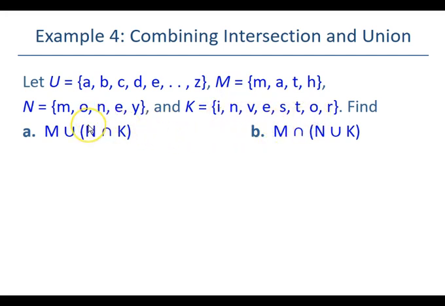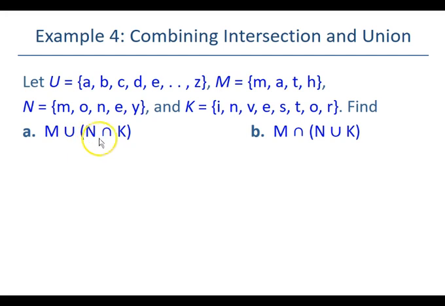So the question is, what do you do first? Well, according to the order of operations, you're going to do what's in the parentheses first. So this part shouldn't be too difficult. You're just going to see what letters intersect between set N and set K. And you can do that by underlining them or whatever technique you're going to use.